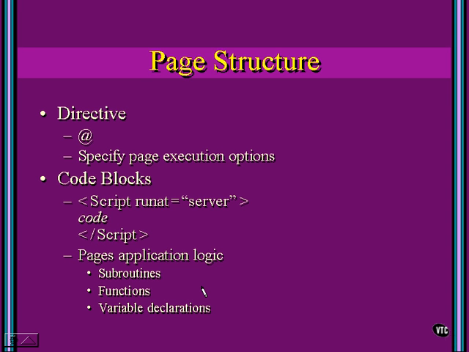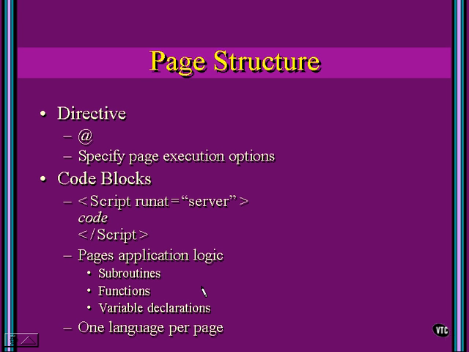Now, these script tags are normally put at the top of the page. This is just a convention that has developed over the years, and most people adhere to this. Technically, you can put these script tags anywhere you want to, but normally you put them near the top of the page, and it's easier to find them. Put all your subroutines, functions, variable declarations, all your programmatic aspects, application logic there, and it's really easy to find and come back and troubleshoot.